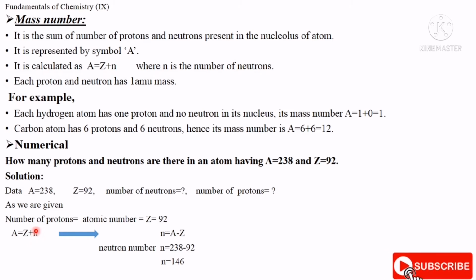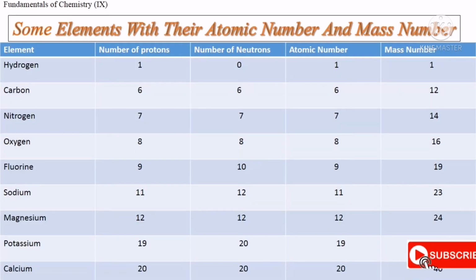By rearranging, we get the equation in this form: N is equal to A minus Z. So neutron number is equal to A, that is mass number, given as 238, minus Z, that is also given as 92. By calculating this, we get the neutron number equal to 146.